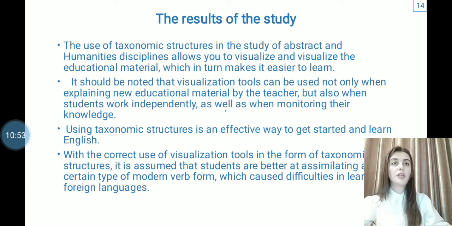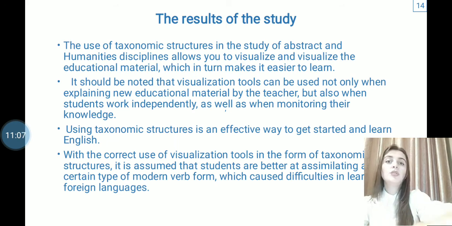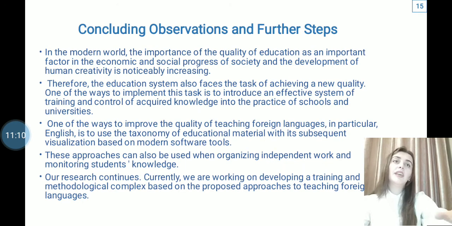This is in turn also associated with a clear visual form of presentation of educational information, which increases its perception by students.